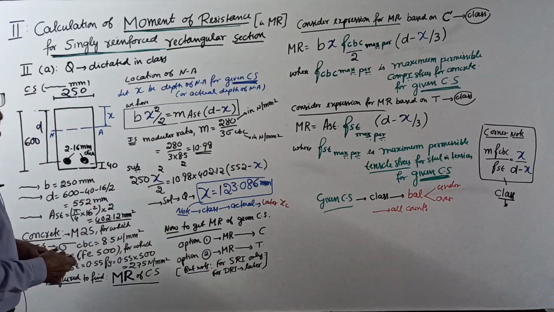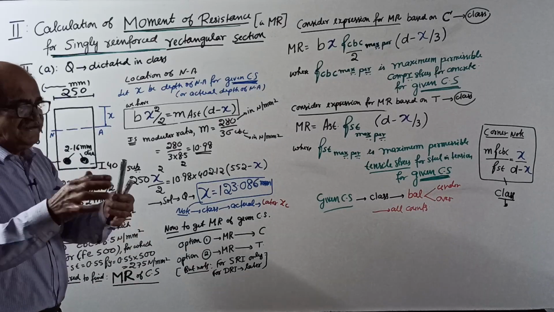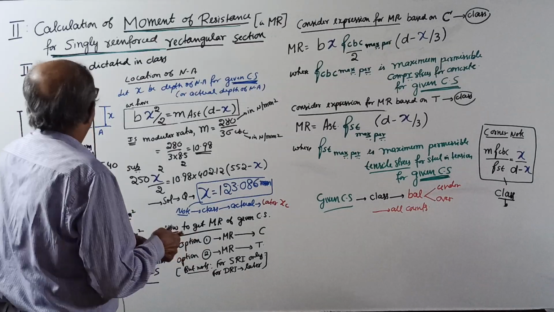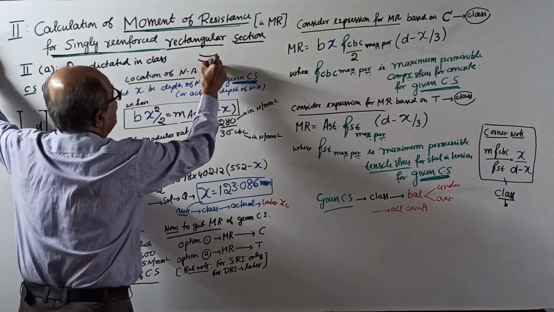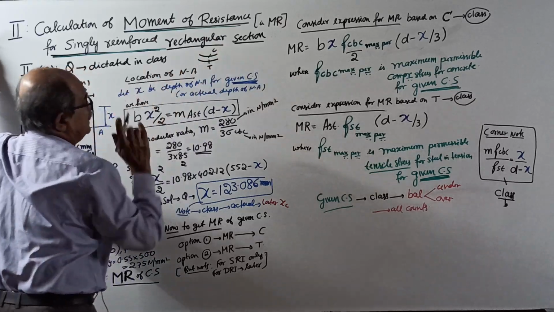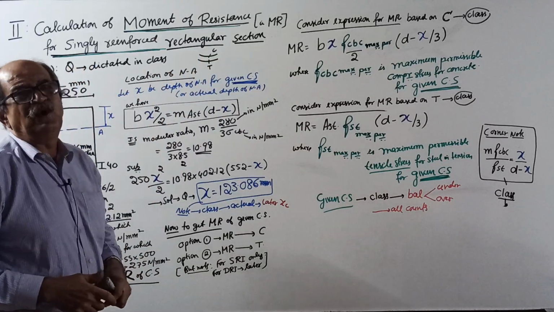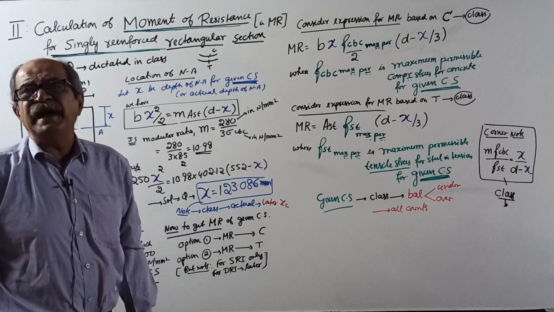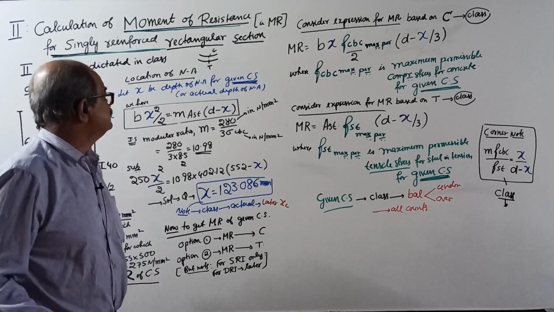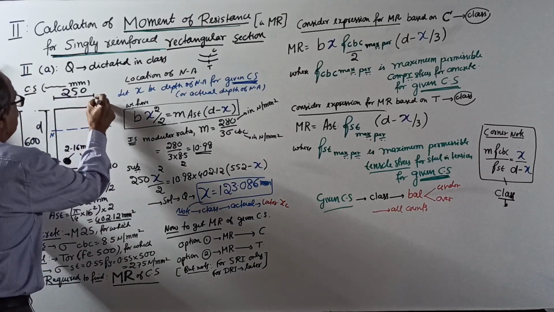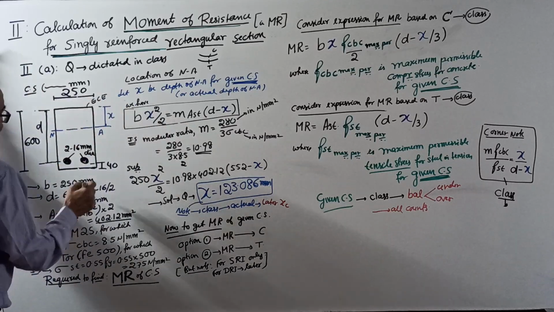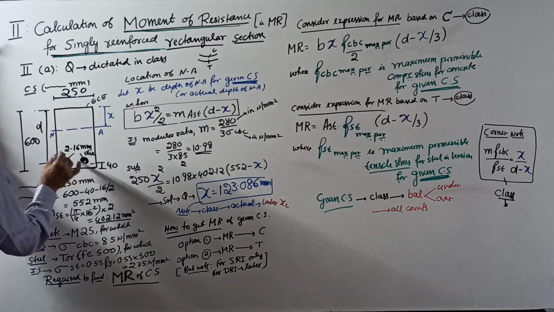Further, consider the BM to be sagging. Why you require it? Make a note: sagging BM, so tension down, compression upper side. Even if it is hogging, maybe next question I may make it hogging. That is not a problem. Then this will become your extreme compression edge. From here to here is called D.